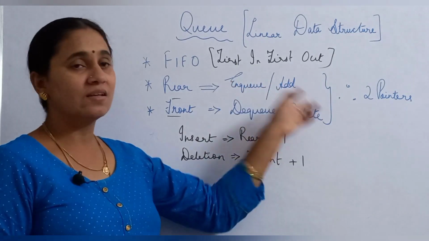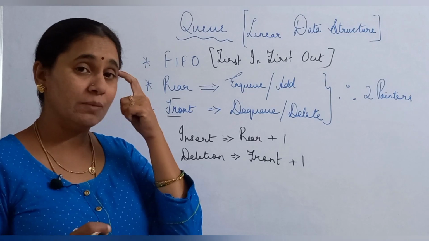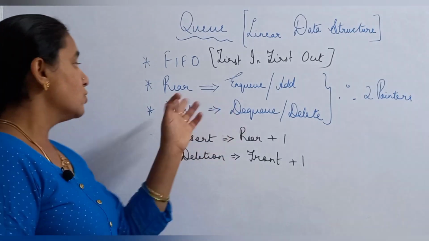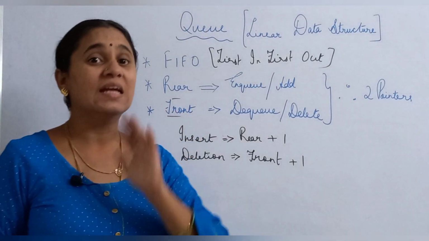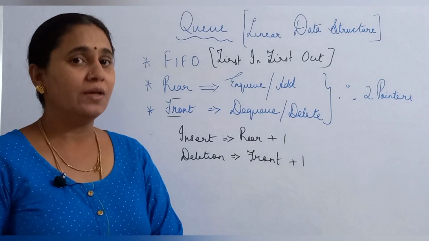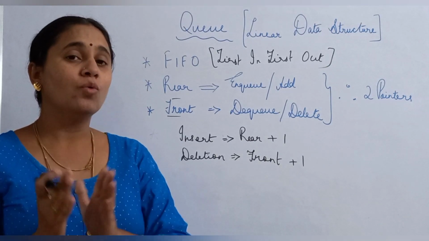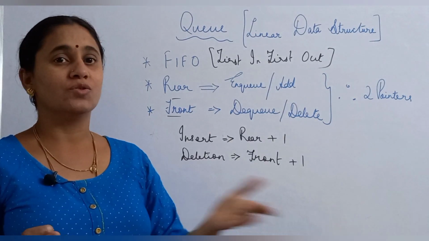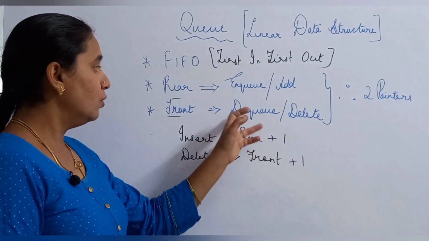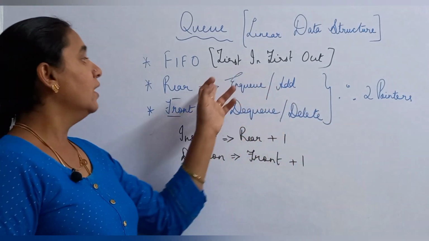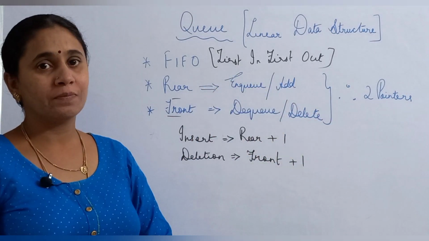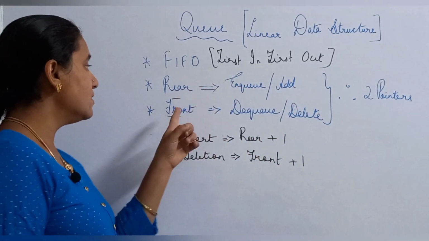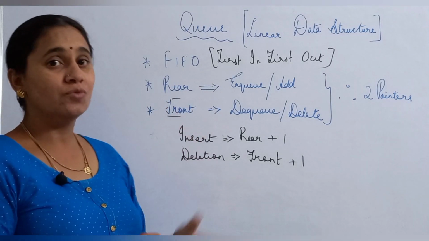These are certain names you should keep in mind, friends. What is front? Front is deletion. As I told, the person who gets the ticket first will move out of the counter, so it is deletion. So DQ or delete, NQ or add. These are the two pointers which we are going to use.